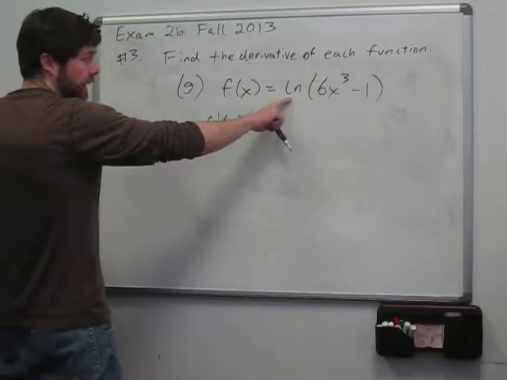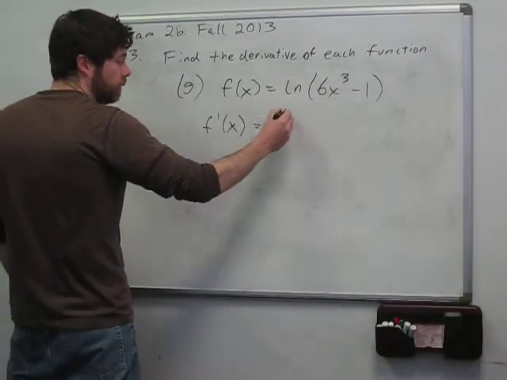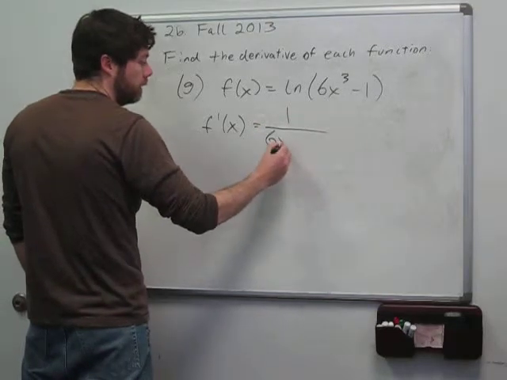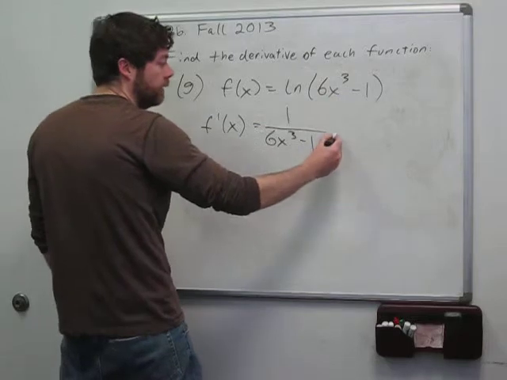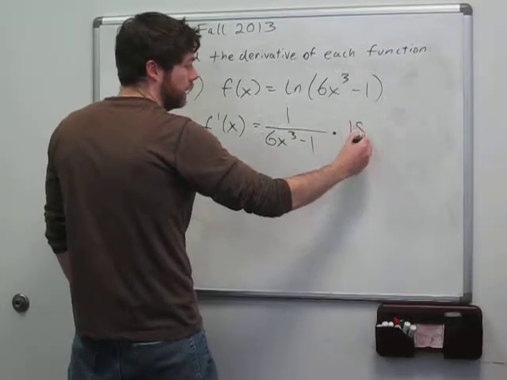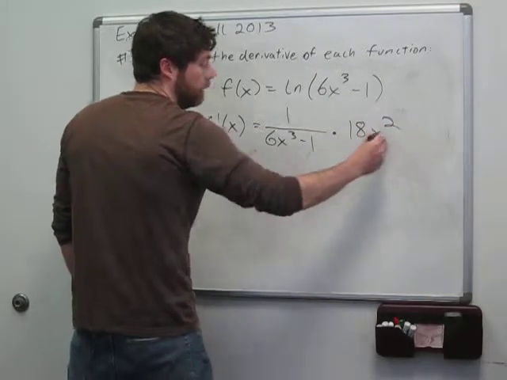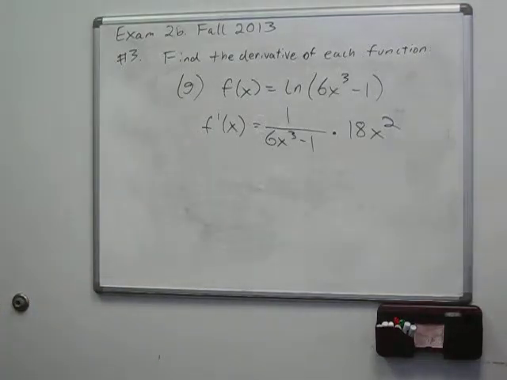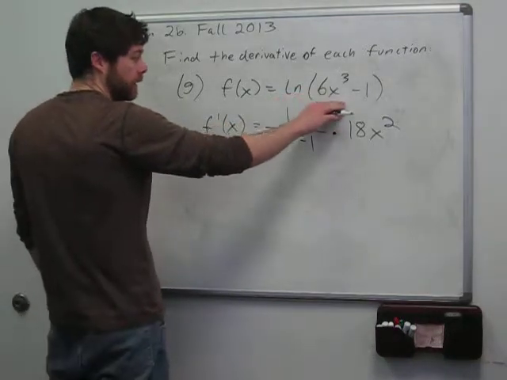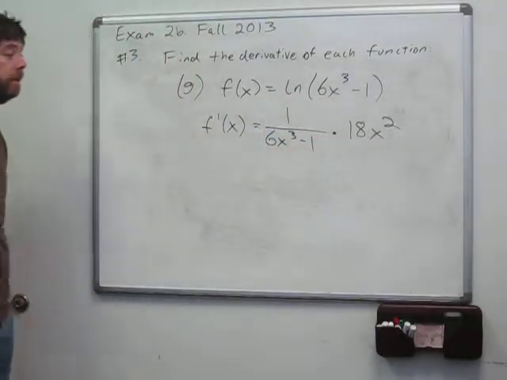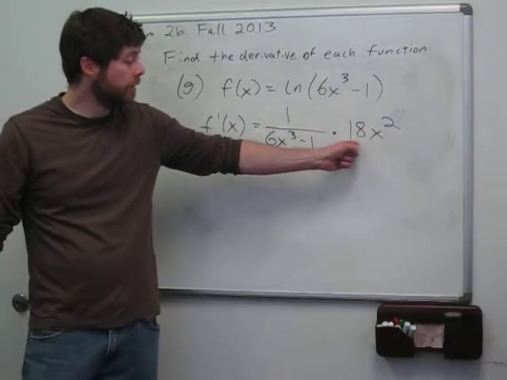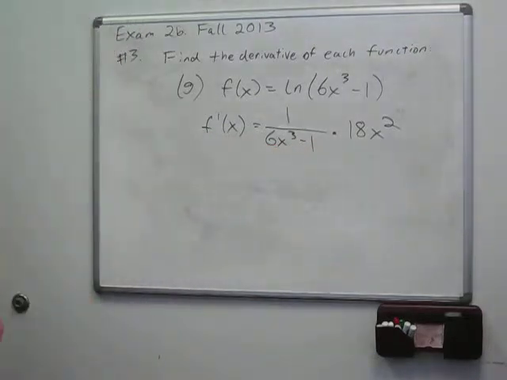And the derivative of the natural log of some argument is simply 1 over the argument and chain on the derivative of that argument. So here we're going to multiply by 18x squared. Okay, again, the derivative of the natural log of something is 1 over the something times the derivative of that something. This is an application of the chain rule to the derivative of the natural log.